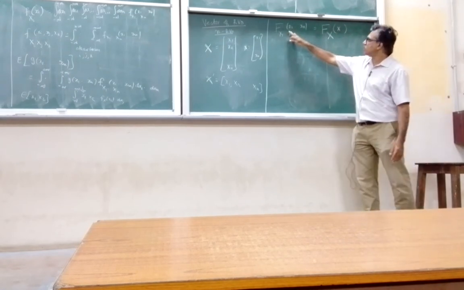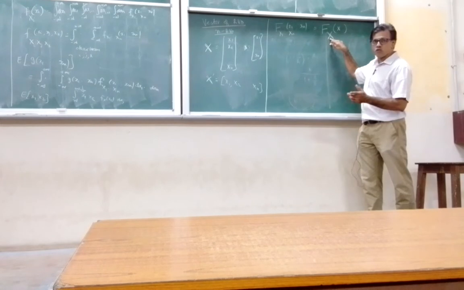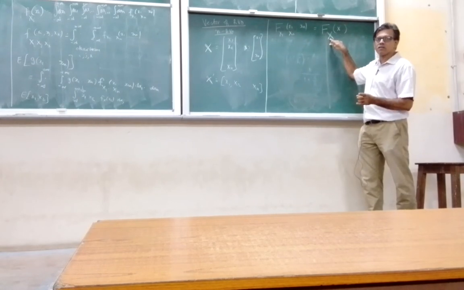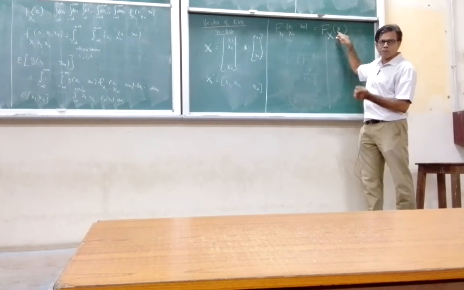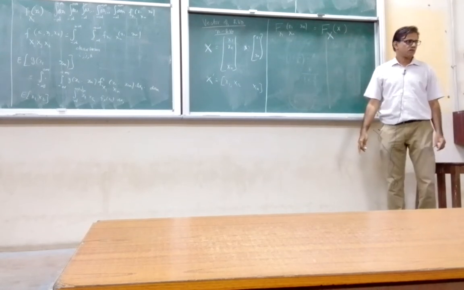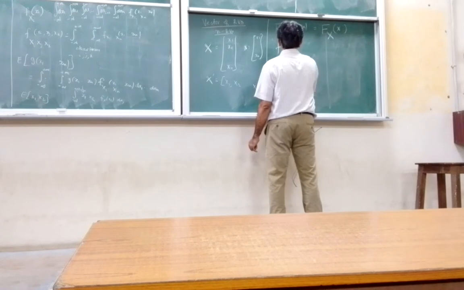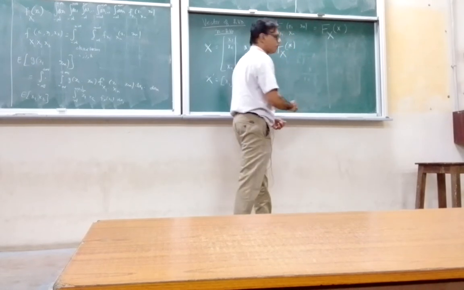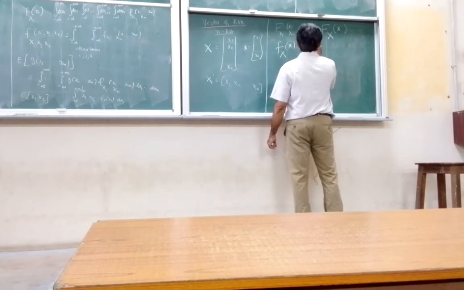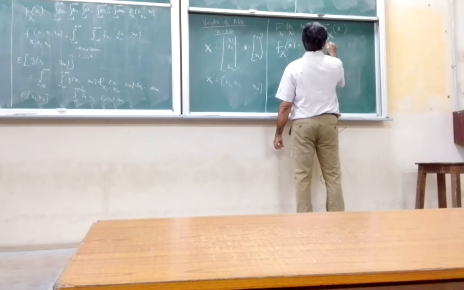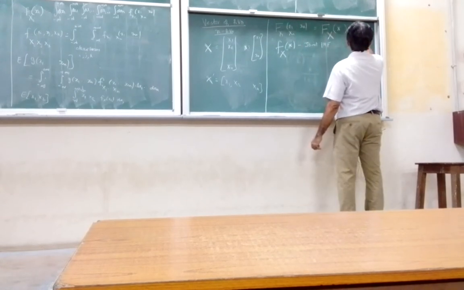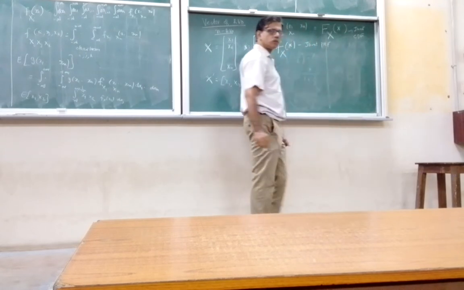The interpretation is that each of its random variables is less than or equal to the corresponding elements in this vector. So everything can again be written in this form: this would be the joint CDF, the joint PMF, and so on.